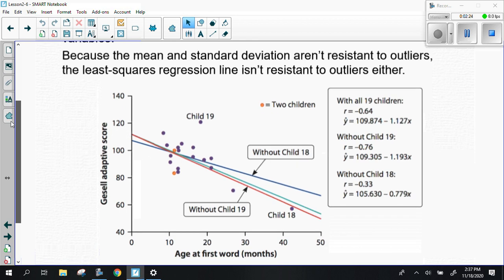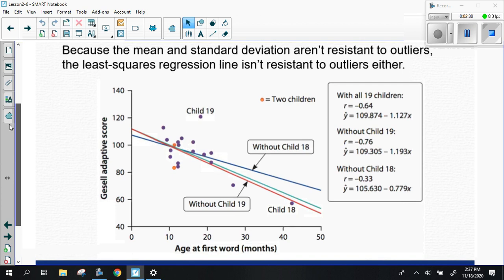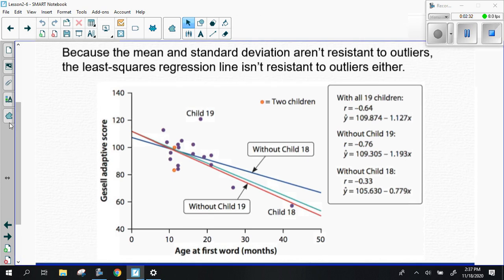And so we also need to talk about outliers. Outliers are going to affect the slope of our least squares regression line quite a bit. So check it out. What we've got is child 18 over here.